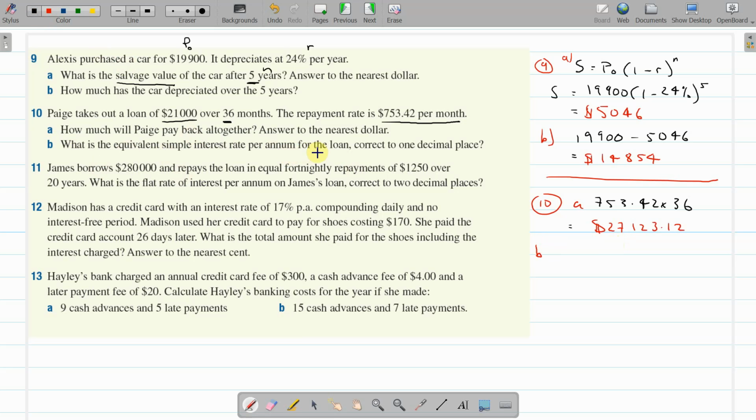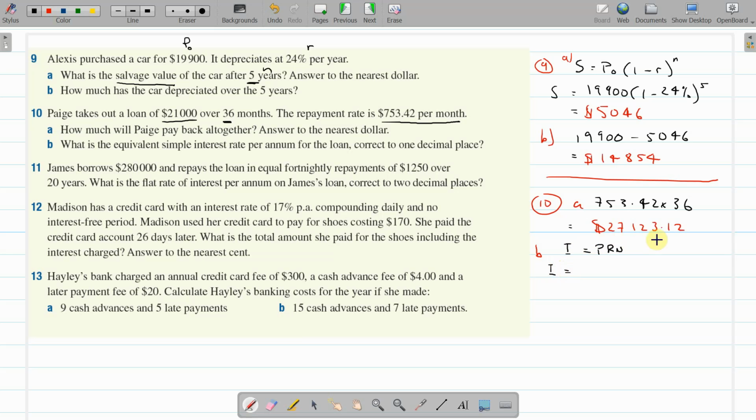10B. Equivalent simple interest rate per annum. Okay, so a little bit of fiddling around here because the simple interest formula, and we know 3 of those things. We know what, no, we don't know what the interest is yet. Okay, so we need to do the interest first.